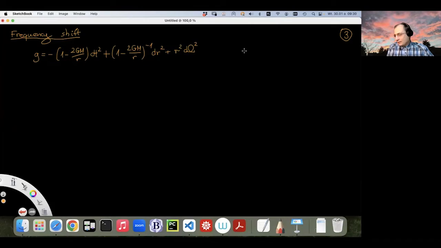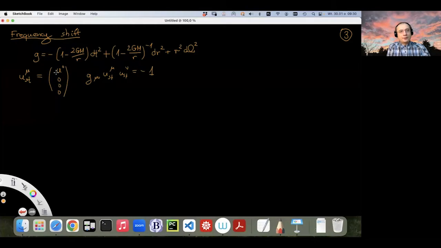Now we introduce static observers, so observers which are aligned along the integral curves of this time-like vector field. So these are observers who remain at rest with respect to the black hole. They neither rotate around it nor perform any radial motion. So let's calculate the four-velocity of such observers. Obviously, they can only have a component in the time-like direction, so let's call it u^0. We know that g_μν u^μ u^ν needs to be -1.